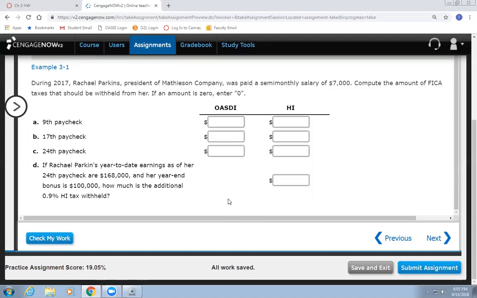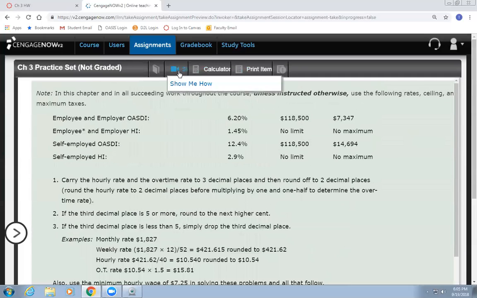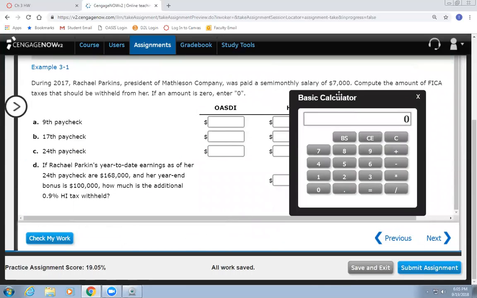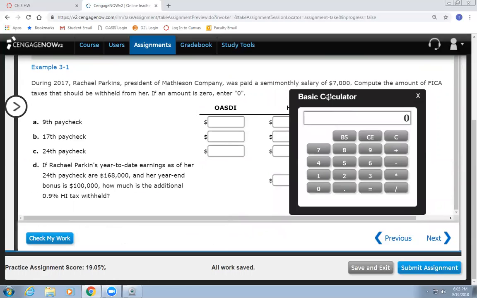Okay. Well, what we do there is we want to make sure every time that she hasn't hit that limit. So I always just kind of bring up my calculator. Okay. So I know she's on her 9th paycheck. That means she's already received 7,000 times 8 other paychecks.